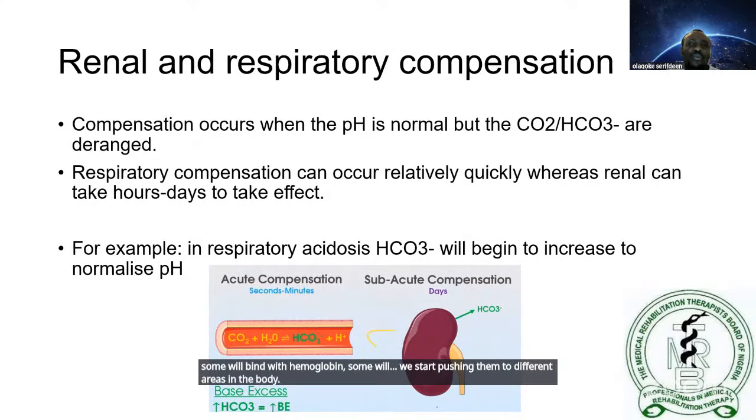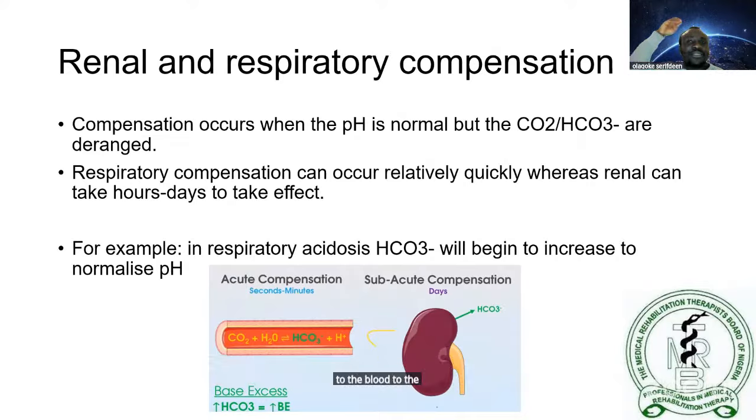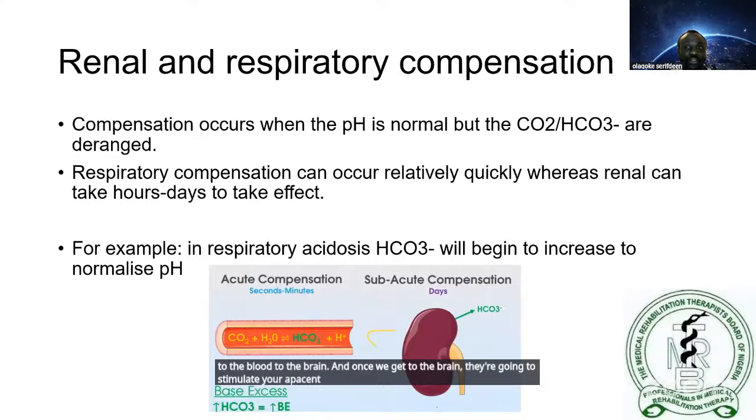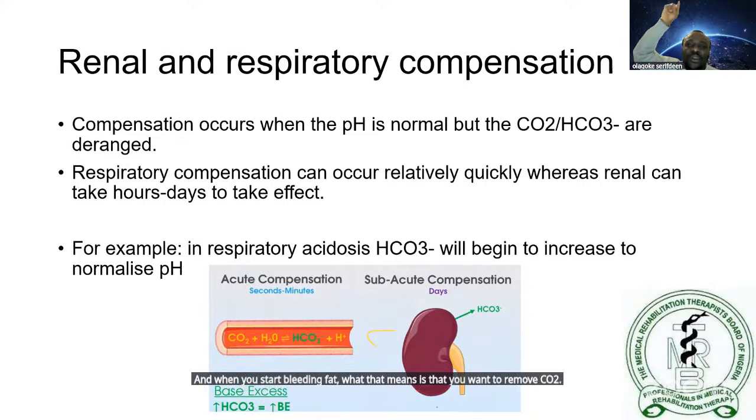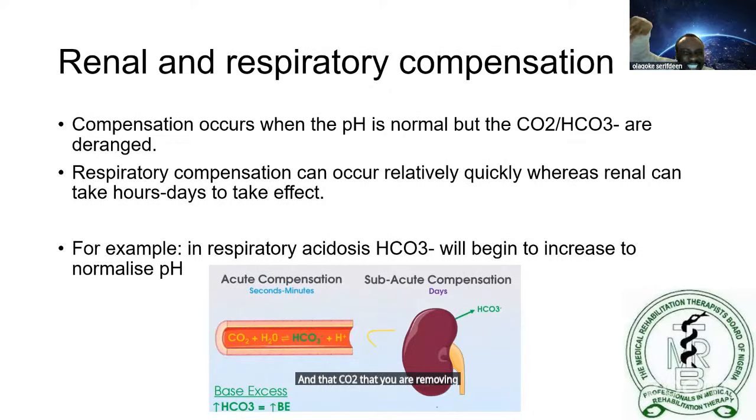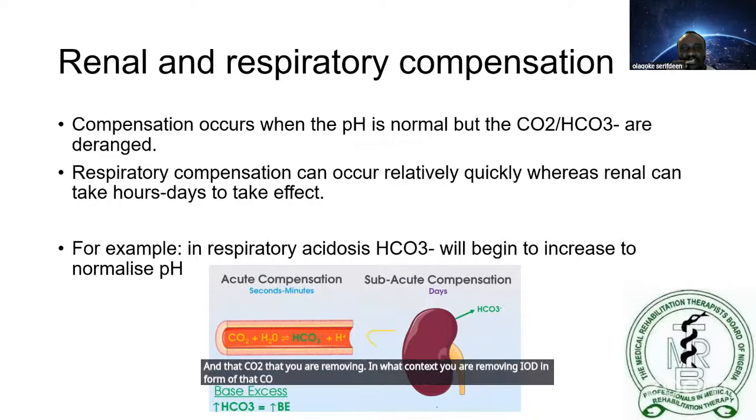Another thing that will happen is some of that hydrogen ion will also go through the blood to the brain. And once you get to the brain, they're going to stimulate your breathing center in the brain, and you start breathing fast. And when you start breathing fast, what that means is you want to remove CO2. And that CO2 that you are removing, in what context? You are removing hydrogen in the form of that CO2.